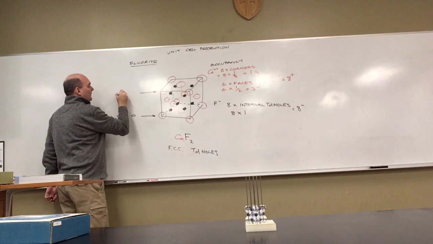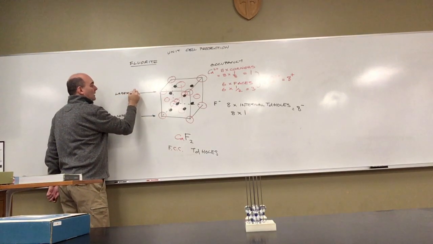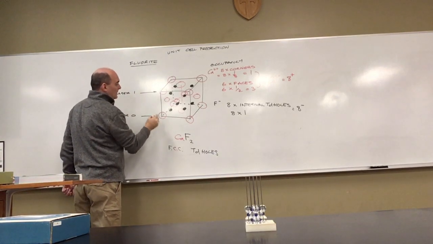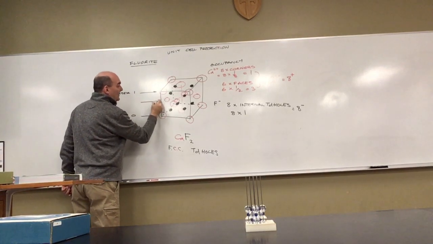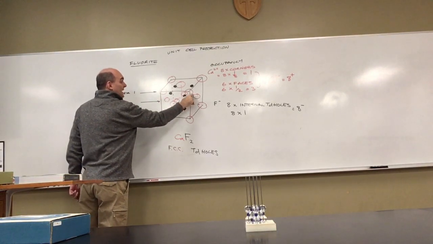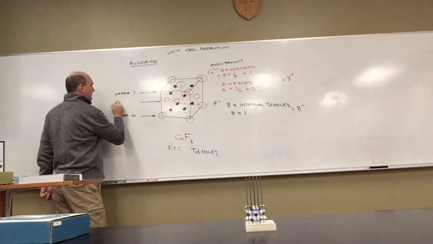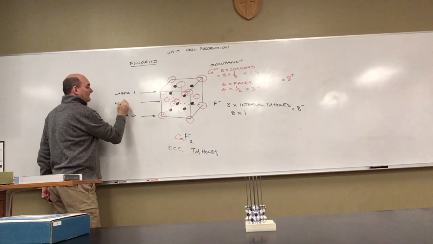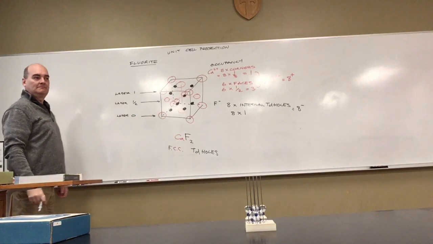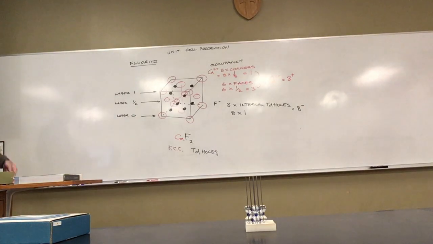The very top is layer 1. In the middle, where the face-centered calciums are, is layer half. What layer are the fluorides on? 4 and 3.